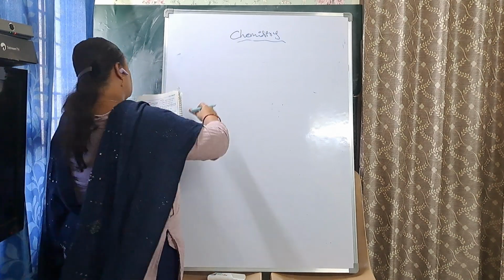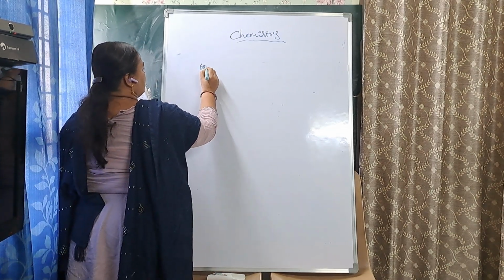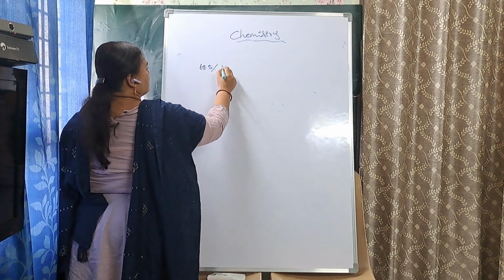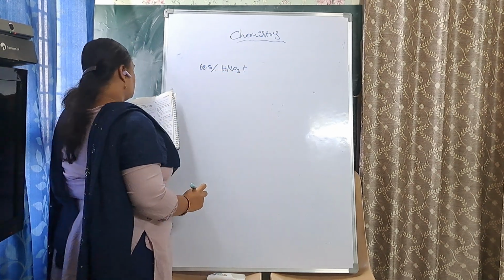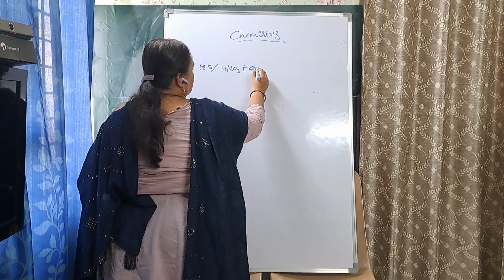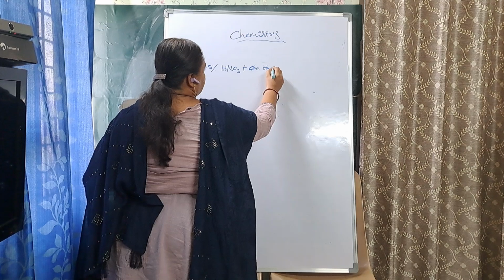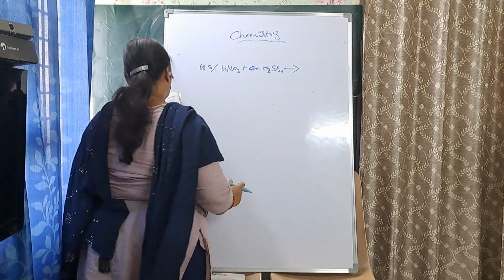Okay, so when this 68.5% nitric acid plus concentrated sulfuric acid, this is called distillation.